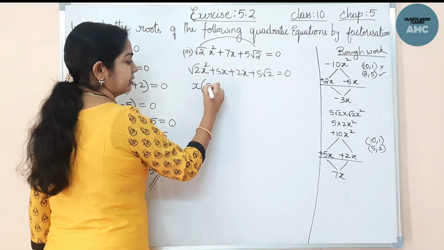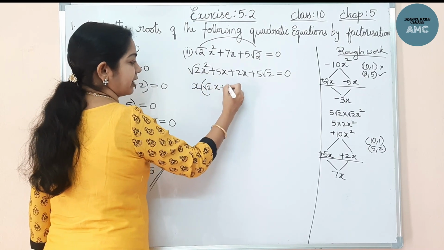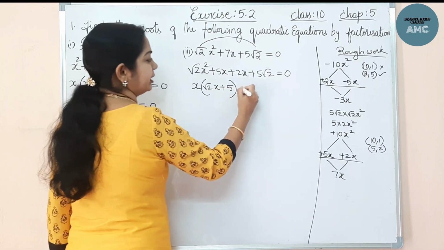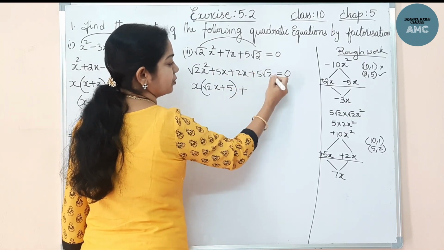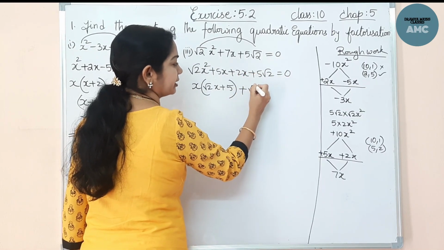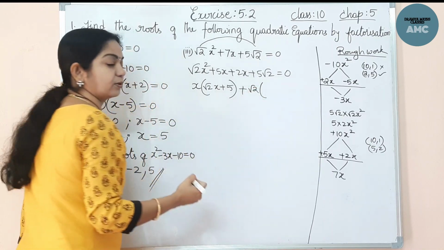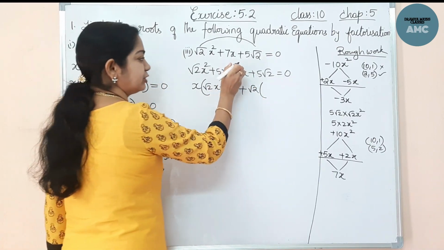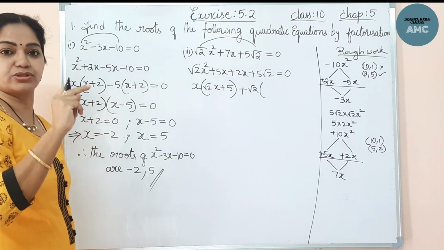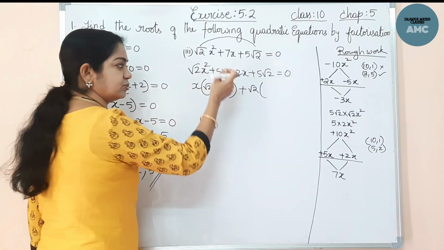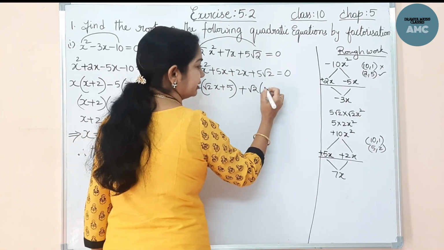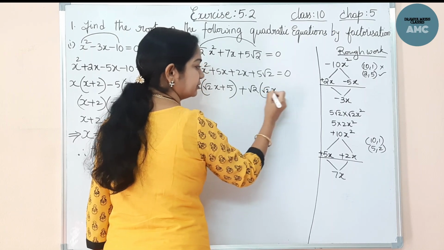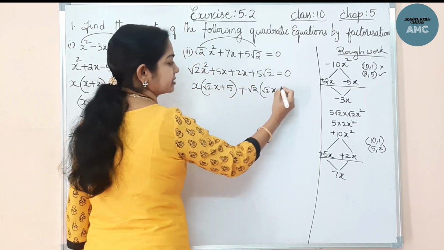So what remains here is root 2 x plus 5. Now what is common here? There is no x, so root 2 is common here. Root 2 whole square is nothing but 2. If I take root 2 common here, again root 2 is left over. So if you multiply again, you have to get this.